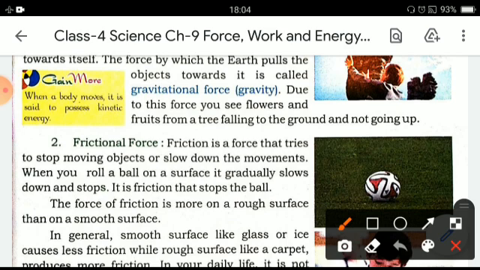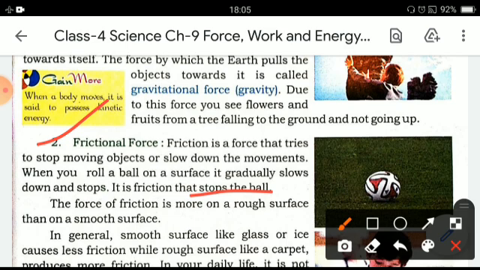Next is frictional force. Friction is a force that tries to stop a moving object or slows down the movement. When you roll a ball on a surface, it gradually slows down and stops. It is friction that stops the ball.